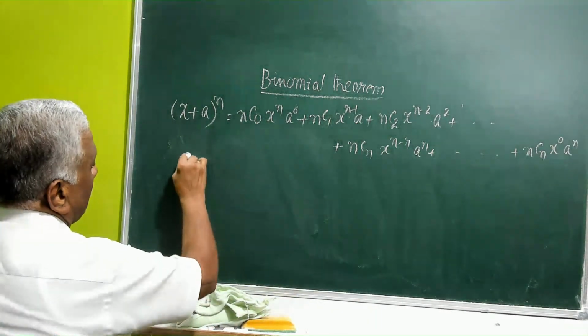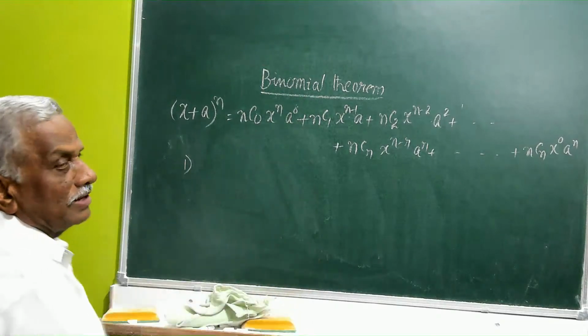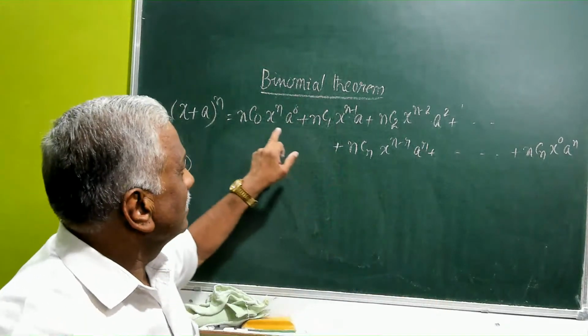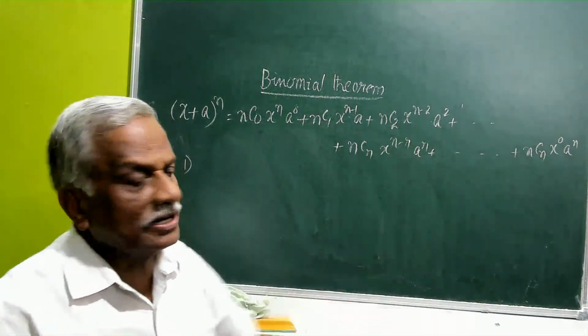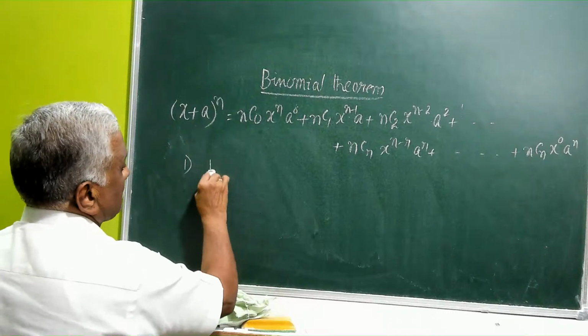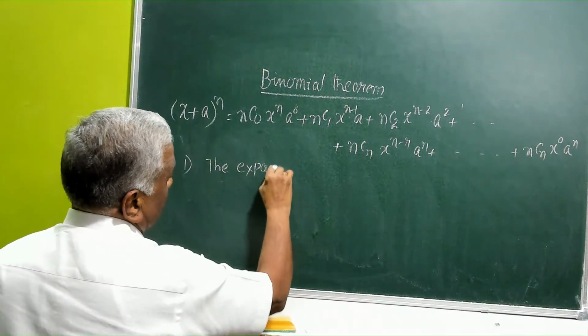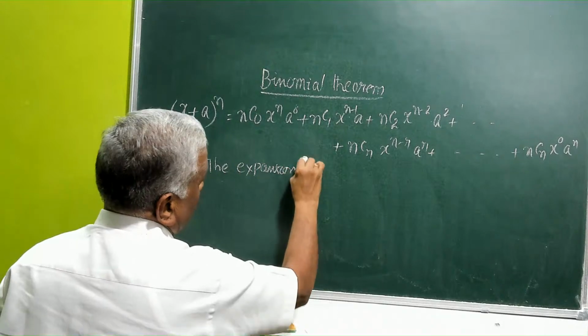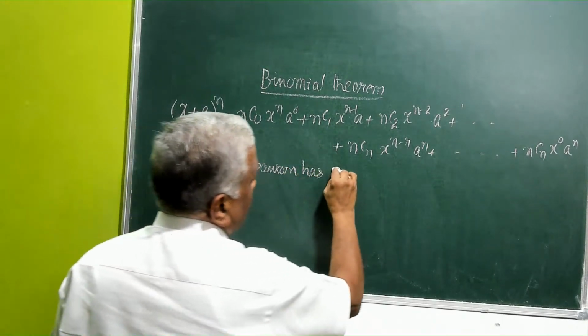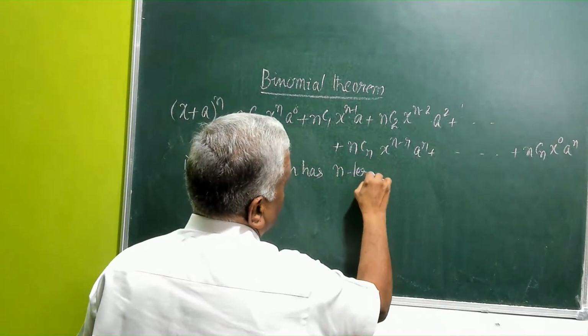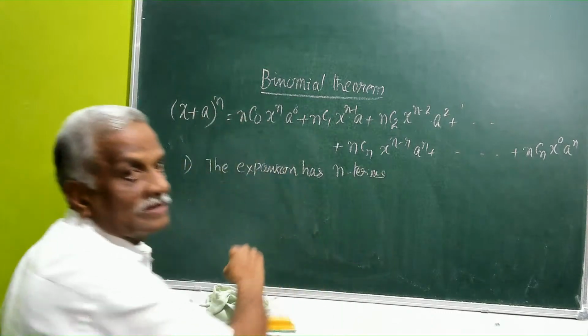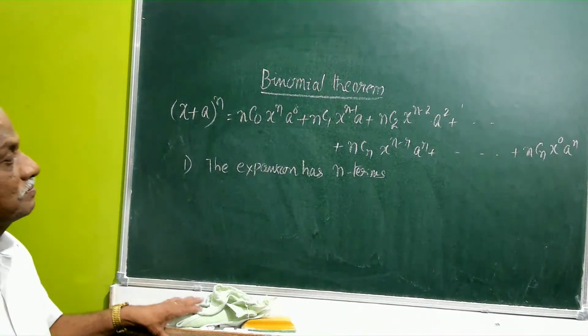So note the point. Point number 1. How many terms are there in the expansion? Starting from 0 up to n, so the expansion has n plus 1 terms.